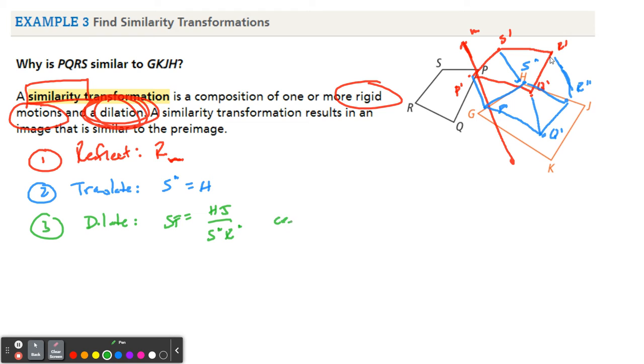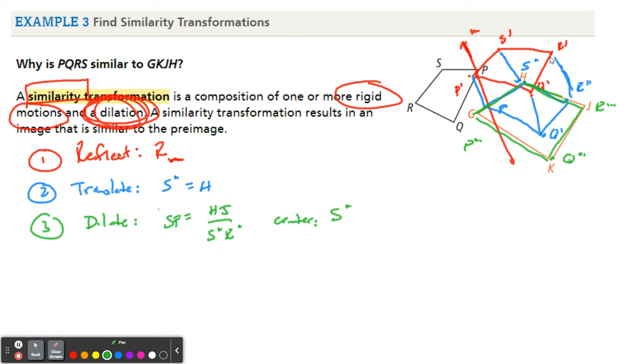And your center of dilation is going to be the point S double prime, right? This point H. So everything's going to grow from there. So R triple prime will come here to J. Q triple prime will come here to K. And P triple prime will come there to G, and now your figure is on top of that figure.